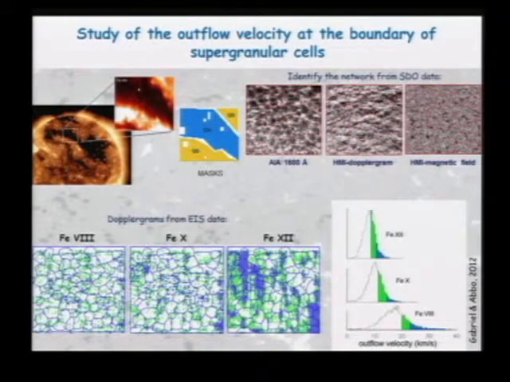that you can see here for 3 lines, iron 8, iron 10, and iron 12. So we can go through from the transition region up to the corona. And the green and blue colors are 2 different thresholds for blue shifts, both blue shifts.